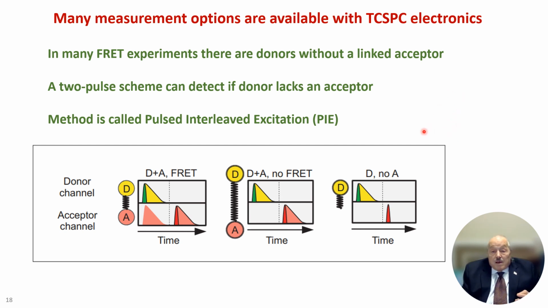With the time-correlated single photon counting and the availability of many different laser wavelengths from the pulsed laser diodes, you can do experiments in which you measure only the DA pairs, and you can reject the information from those molecules that don't have an acceptor. So the donor or the acceptor might be close or might be further away, but it's still going to be there.